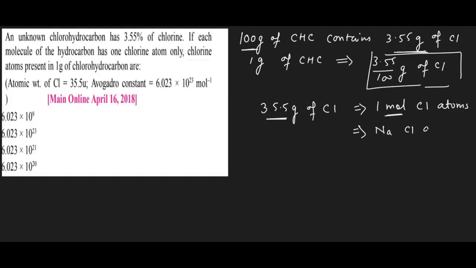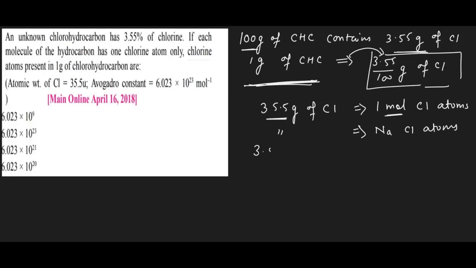Na chlorine atoms are present in 35.5 gram of chlorine. But we have to find out the number of chlorine atoms which are present in 1 gram of chlorohydrocarbon. So in 1 gram of chlorohydrocarbon, the chlorine present is this.